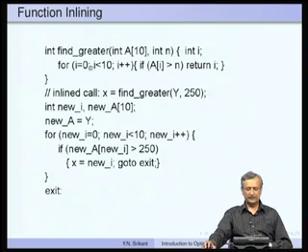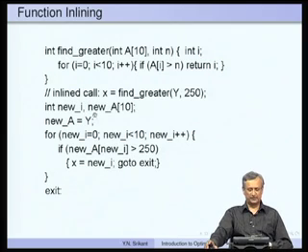What does inlining this function imply? Inlining this function implies that whenever there is a call, x equal to say find greater(y, 250), there will be no subroutine jump executed, but this find greater function call will be replaced by really the body of this particular function with some renaming of variables.